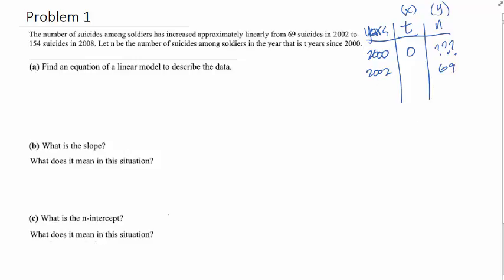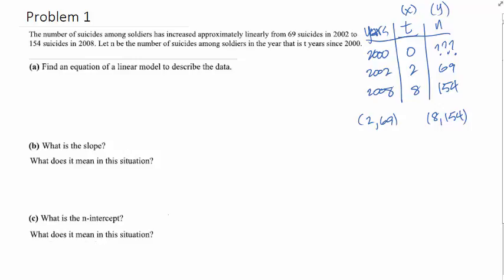Now 2002 offset from 2000 is a difference of 2, so t is equal to 2 for that case. Similarly, in 2008 we have 154 suicides, and so 2008 minus 2000 gives us a t-value of 8. So we essentially have 2 points. We have (2, 69) and (8, 154).